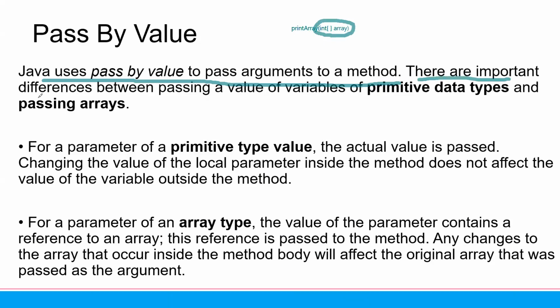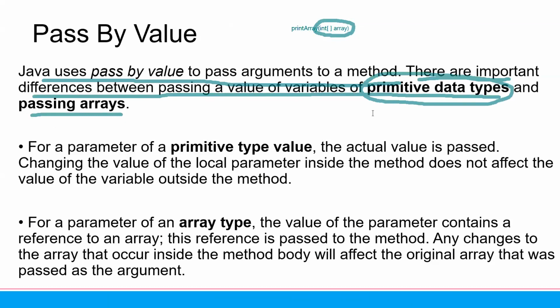There are important differences between passing a value of variables of primitive data types and passing arrays. So passing the primitive data type. What are primitive data types?